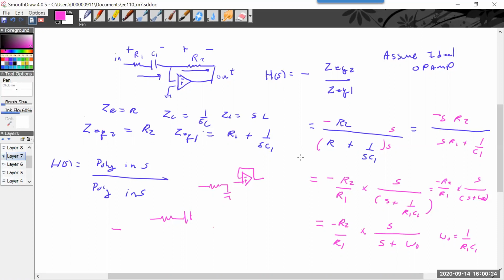What can happen in 110 is we spend so much time in the S domain that sometimes you forget that there is no S domain in the real world, and the only things we have are sine waves and things that change in time, and outputs that change in time.